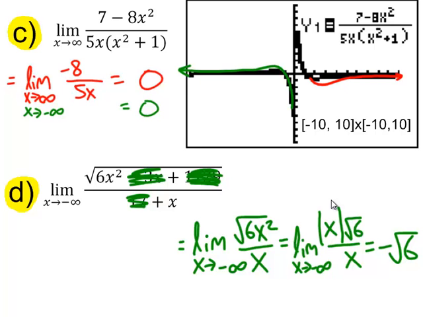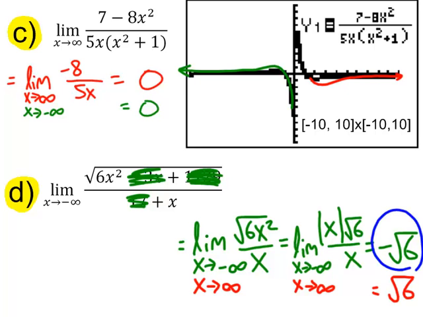And if instead x had been approaching positive infinity, then that absolute value of 1,000,000 over 1,000,000 would have just been 1 and would not have made a difference. They could have canceled each other out, and we would have gotten positive root 6. So while in most cases the limit as x approaches negative infinity is typically the same number as when it approaches positive infinity, we've seen an exception here.